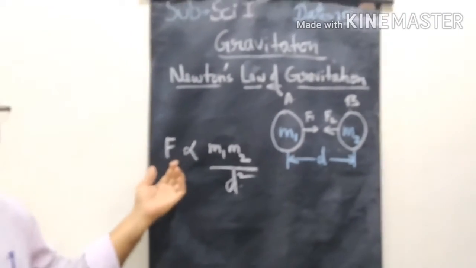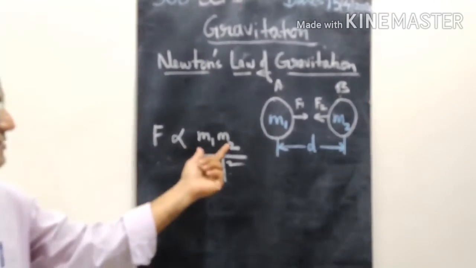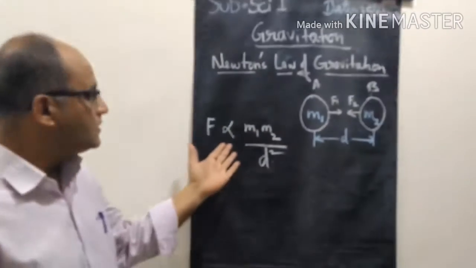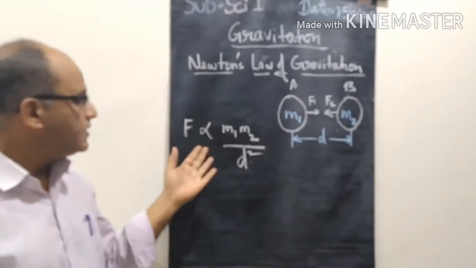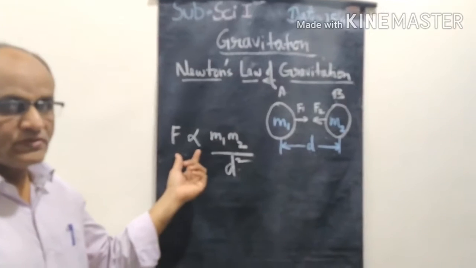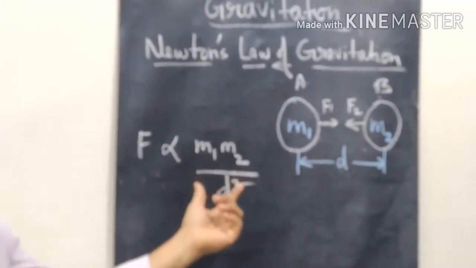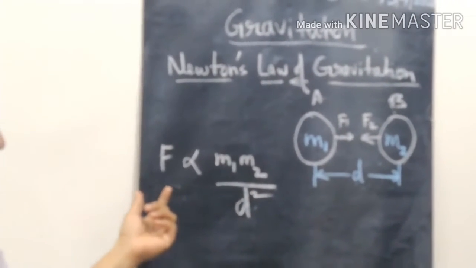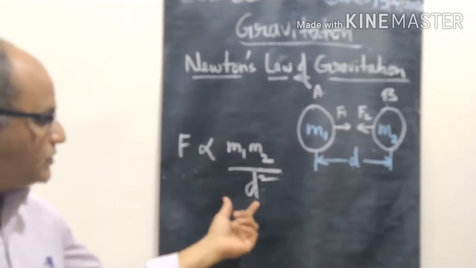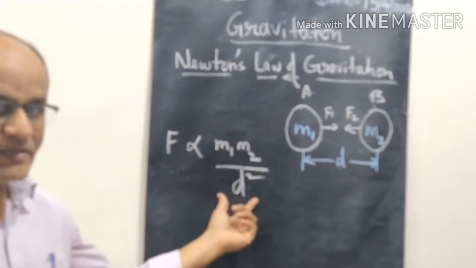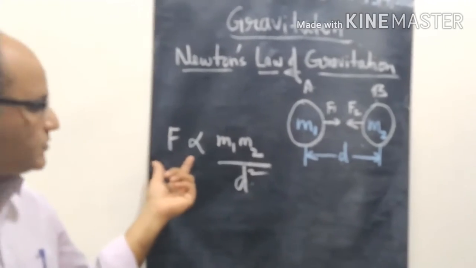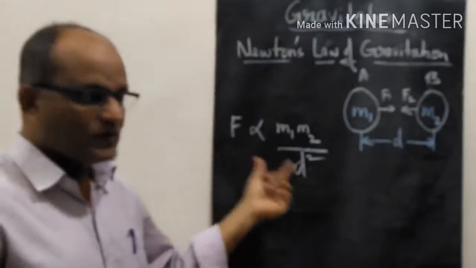If you increase the product of the masses, the force will also increase. Inversely proportional means that if you increase the distance, the force decreases.